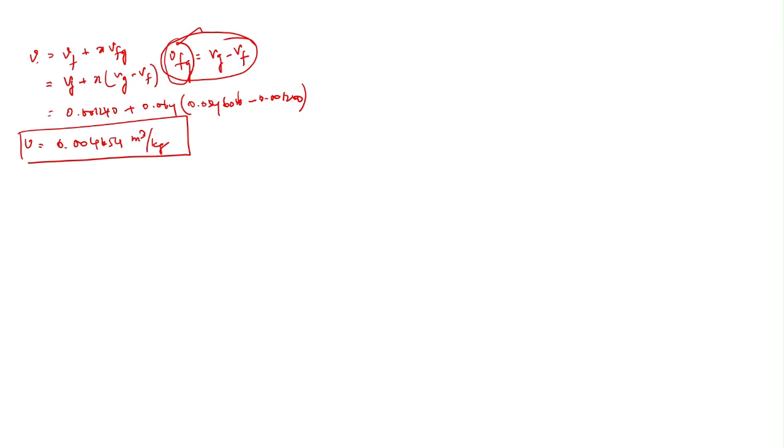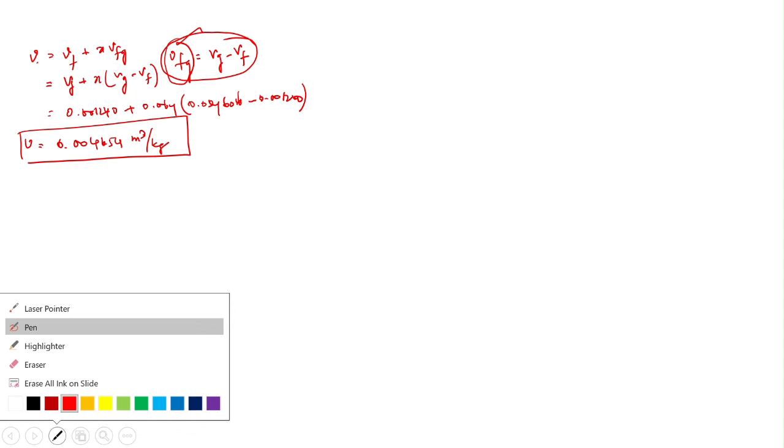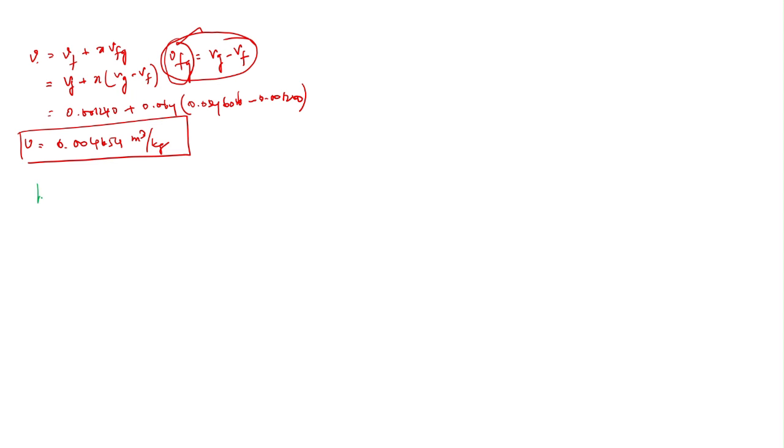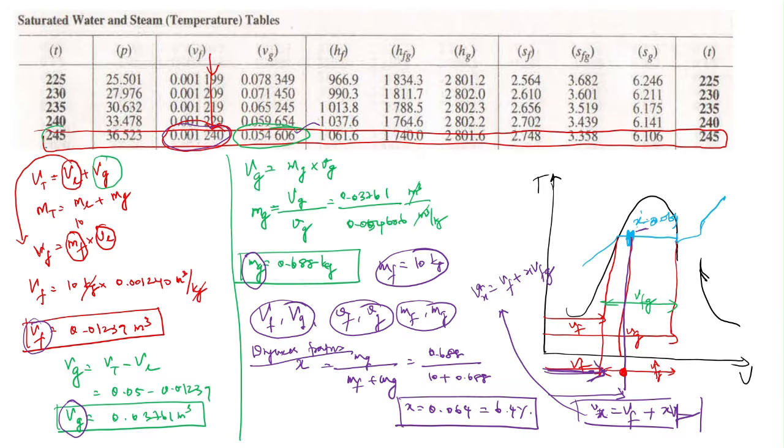Then next one you can find is H. H is equal to Hf plus x into Hfg. Here, where can you find the Hf? At 245 degrees Celsius, Hf is equal to 1061.6 and Hfg is equal to 1740.